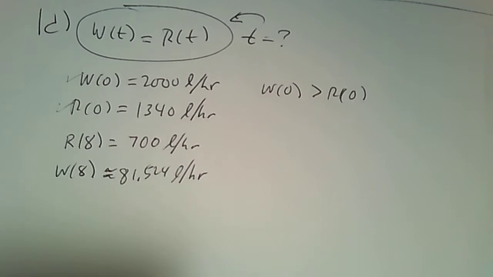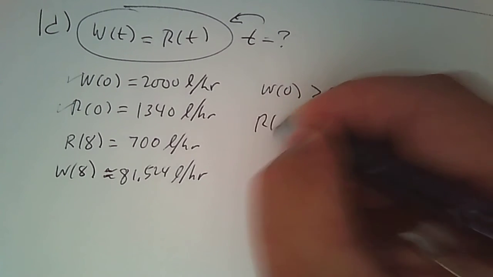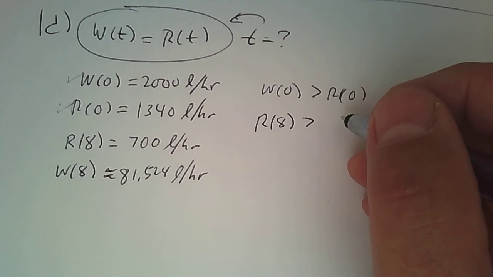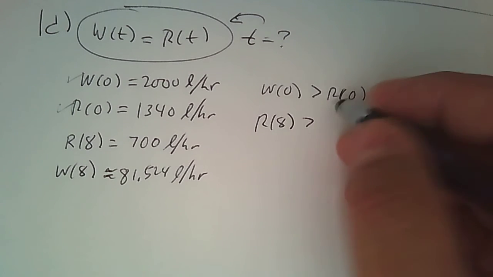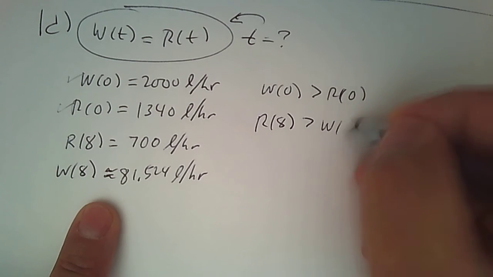So what did you notice? That now, during the 8th hour, the rates have switched. Now the rate of the water leaving is bigger than the rate of the water going in.